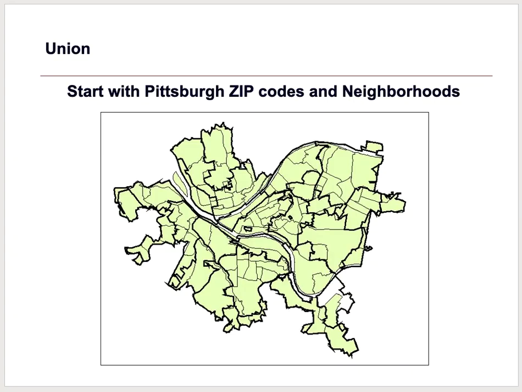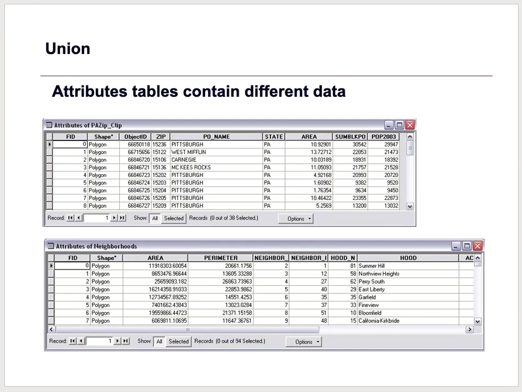This is another example of union. This starts with the Pittsburgh zip codes and neighborhoods. So again, you have two different attribute tables which contain different data. This attribute table is showing us zip codes, and this attribute table is showing us neighborhoods.